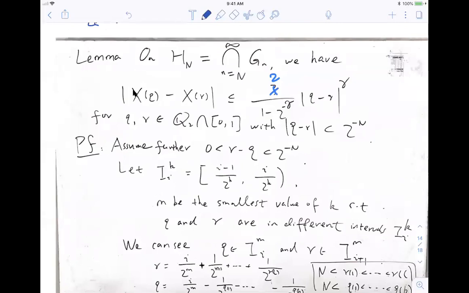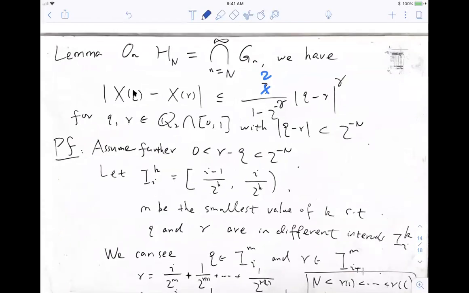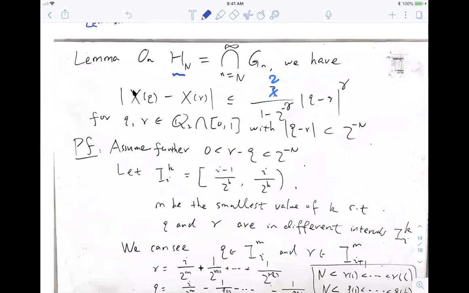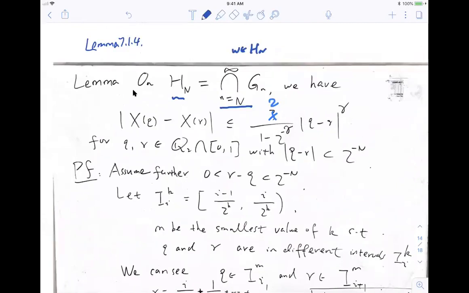If we choose omega in H_N, which just captures all G_n starting from N, then omega in H_N means that for all n bigger than N, in each scale 1 over 2^n, the oscillation is not larger than this number.